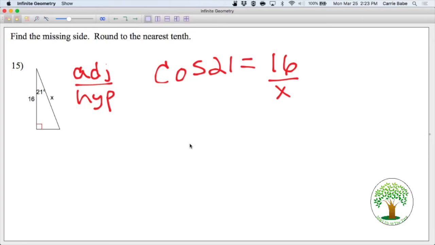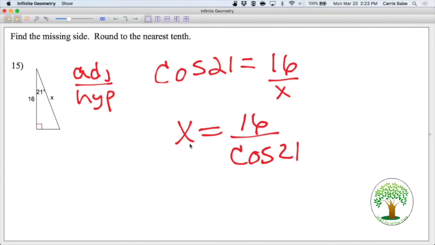What do we do for that? X equals 16 over cosine 21. So I flip the cosine 21 over x. I flip them. I'll have x equals 16 over cosine 21. Those are the means and extremes that we're allowed to switch when we have proportions. This was a proportion because it was like over 1. And we just put in our calculator, 16 divided by cosine 21. 17.1. Is that correct? Yes.